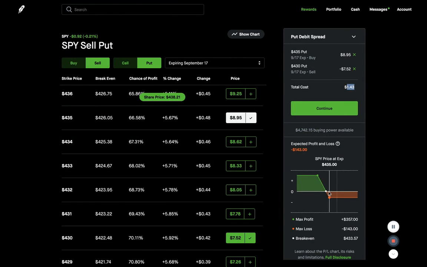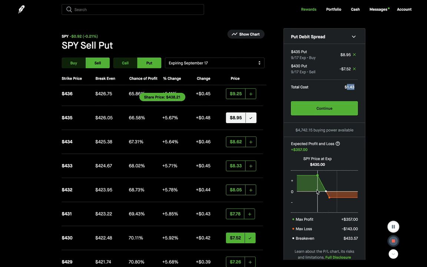Now let's go over max loss. You can see here, max loss is the total cost. We paid $1.43. Now let's go to break-even. We take the strike we bought, the $435 strike, and subtract the net debit, and that equals $433.57.